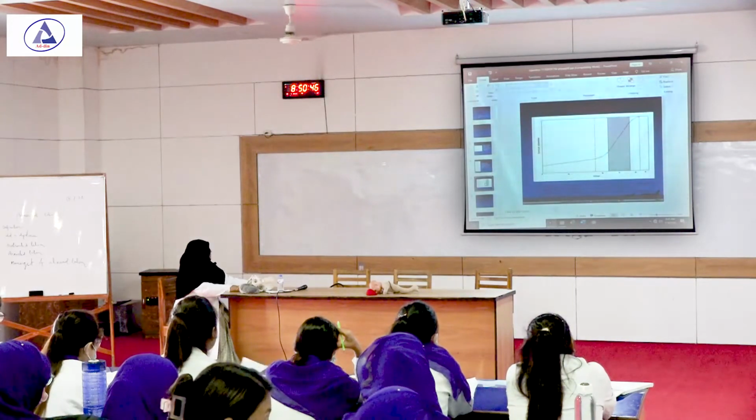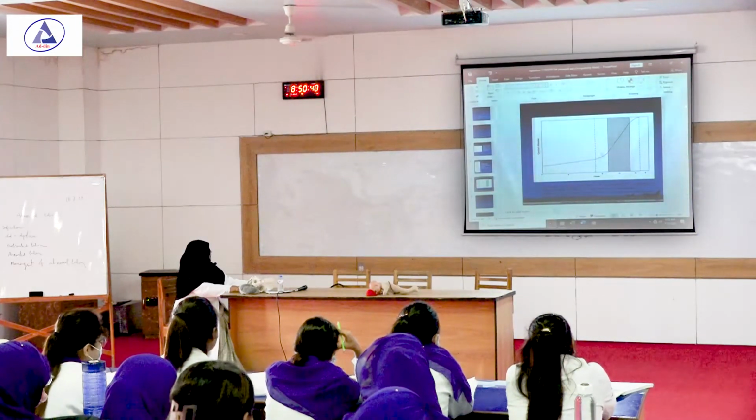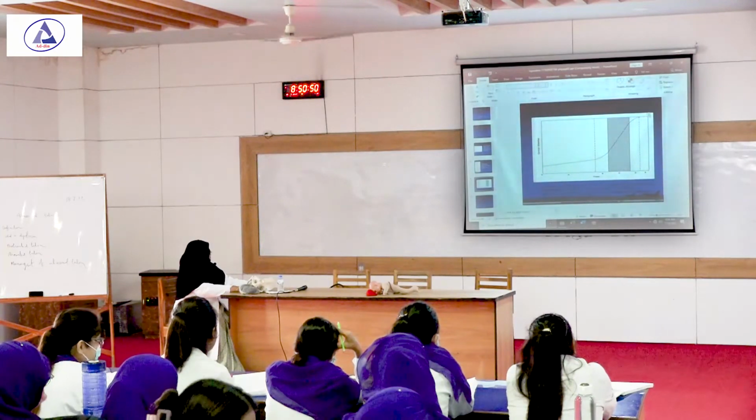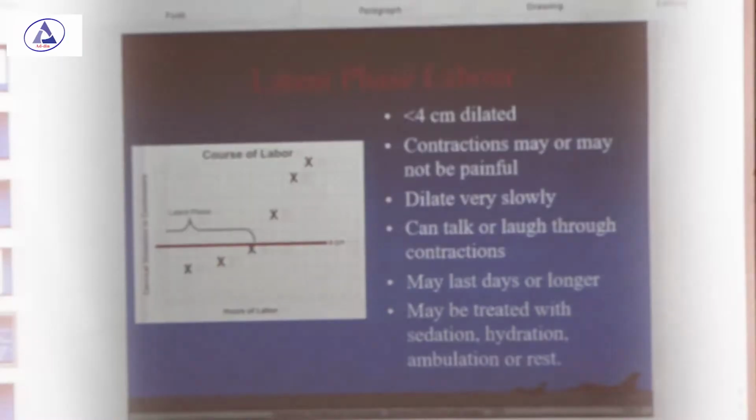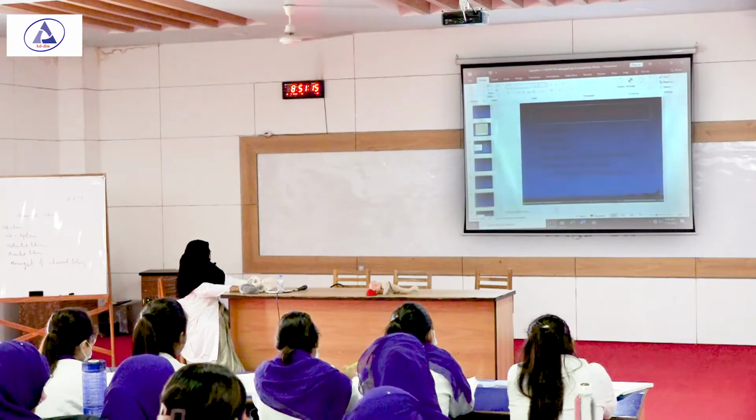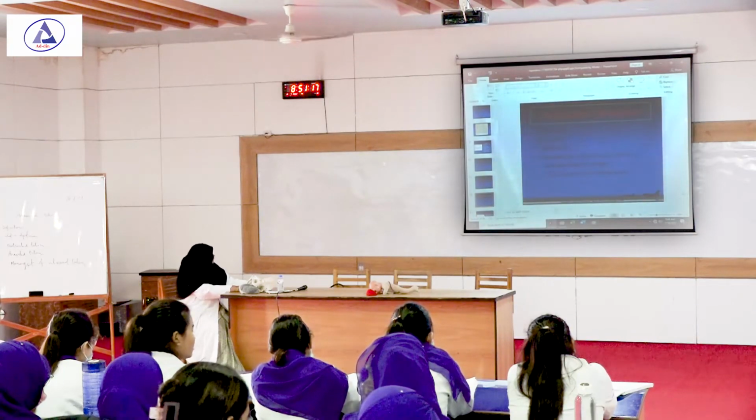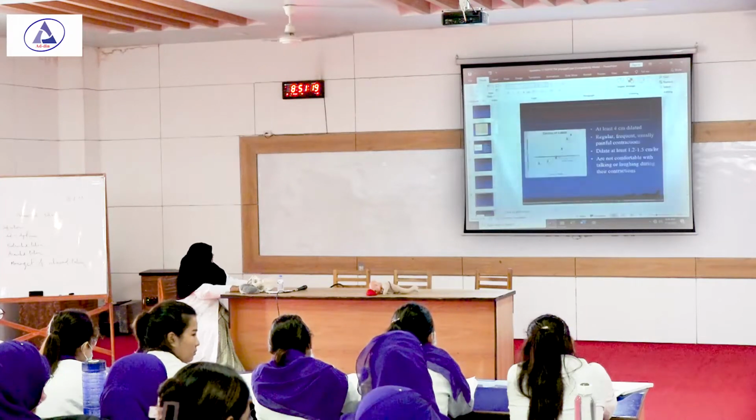And this is the partograph, with normal progressive cervical dilatation like this. From 4 centimeters we start the active phase of labor. Before that there is a latent phase.